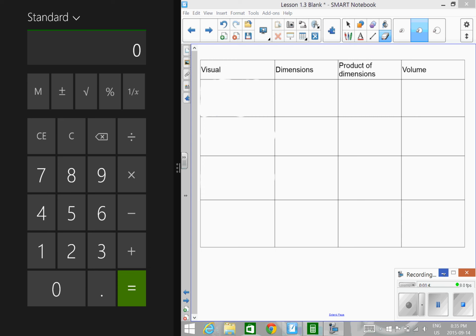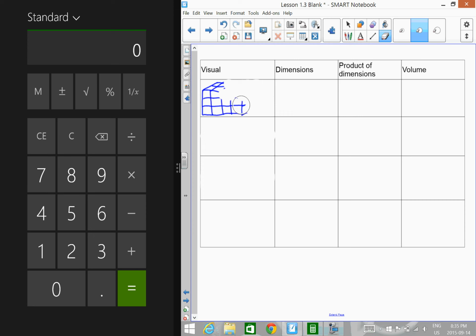All right, so you may have built one of many different prisms. I'm just going to show you a few possibilities. This is one you could have built.